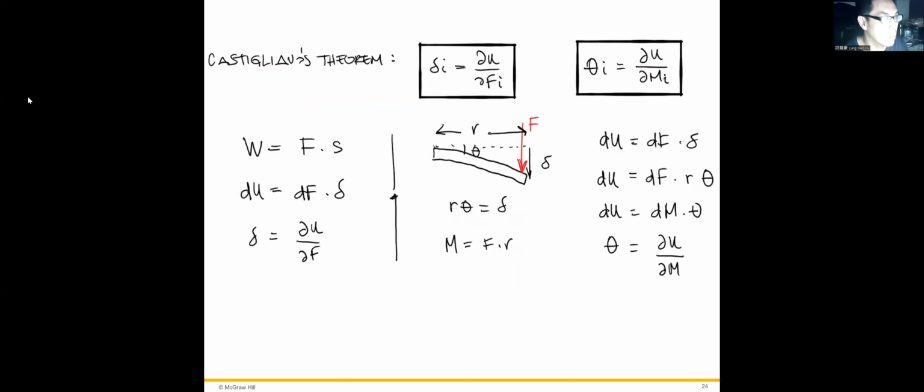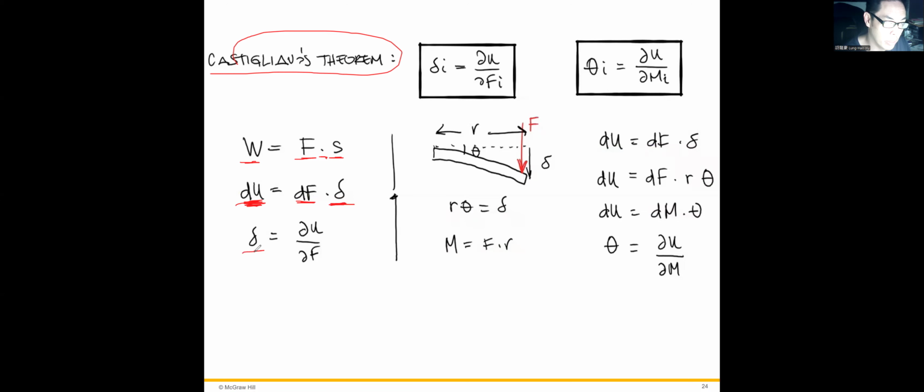Okay. So what's the definition of the Castigliano theory? For the definition, the work equals the force dot the displacement, right? So the additional energy equals dF, the incremental force, times the deflection.